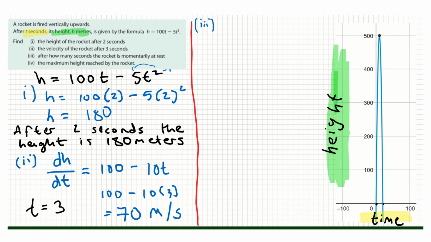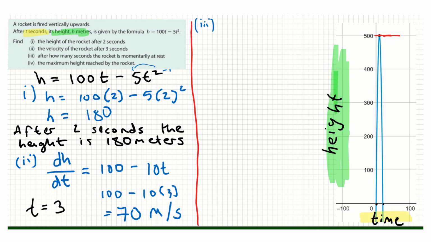It's probably going to take half the time to get up, half the time to come down. Let's calculate that. So we know that the slope of the tangent when it's 0, it's a maximum or minimum turning point. In this case, it's a maximum turning point.